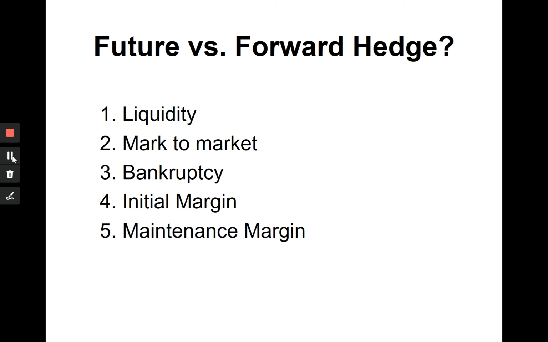Issue of bankruptcy is interesting. If I was teaching this lecture a generation ago, when I took the course, one would say that forward contracts do not go bankrupt. But we have seen bankruptcy of forwards in Russia. In 1998, when the Russian ruble crashed, there were forward contracts on ruble.